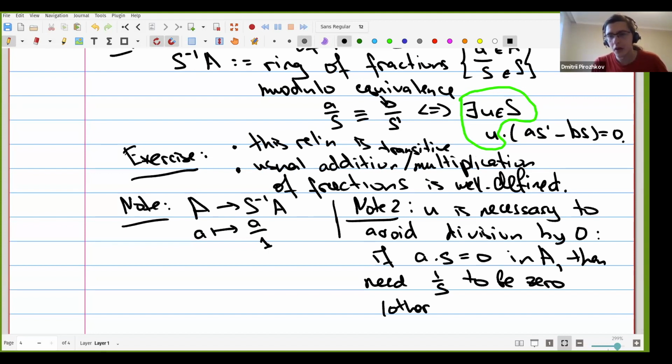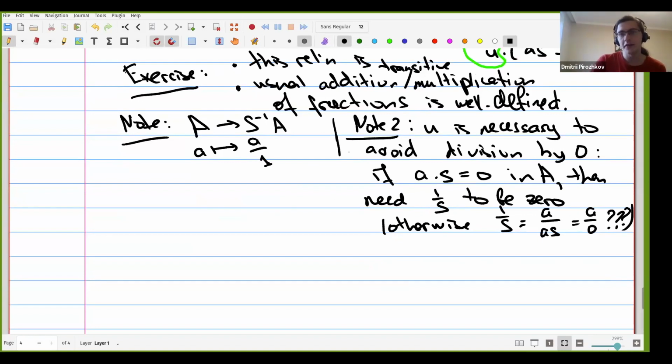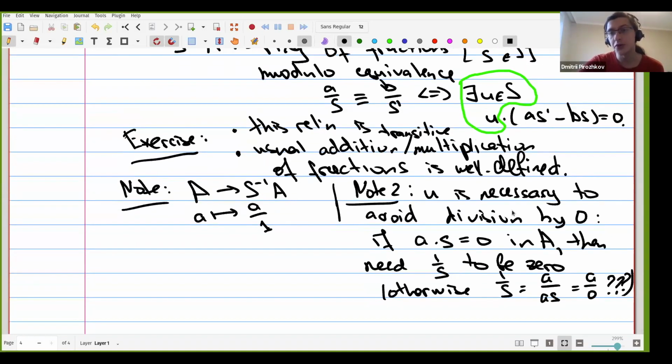Otherwise, 1 divided by s is equal to a divided by as, which is equal to a divided by 0. This is strange. So you can check that the definition that I gave ensures that if you have an element a of your ring that is a zero divisor and can be multiplied by something from the multiplicative system to get 0, then it is sent to 0.